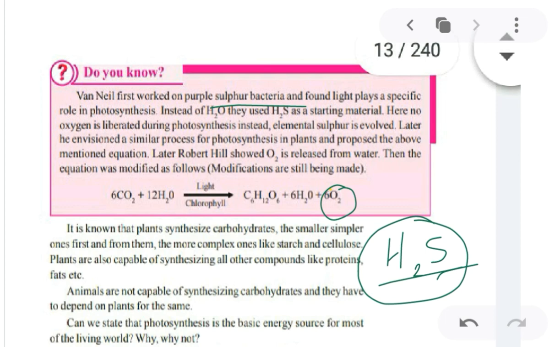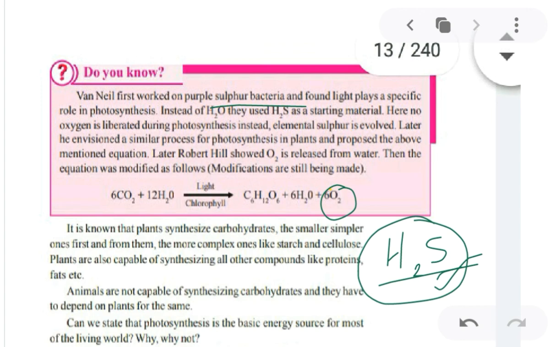They utilize hydrogen sulfide, and during the chemotrophic mode of nutrition they release sulfur instead of oxygen gas. Later he envisioned a similar process for photosynthesis in plants and proposed the above mentioned equation.